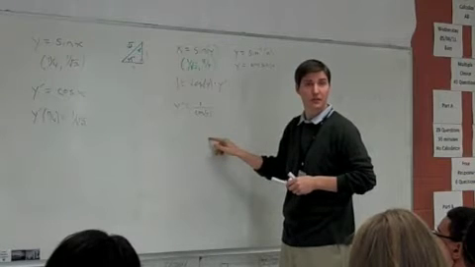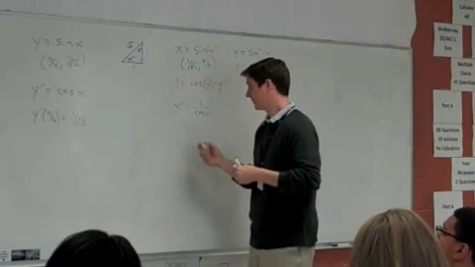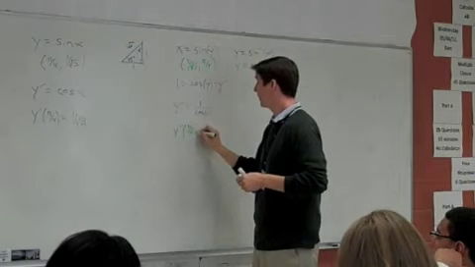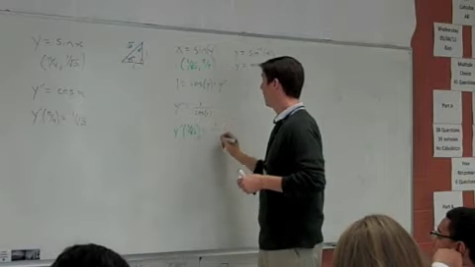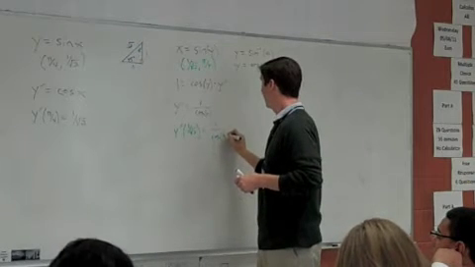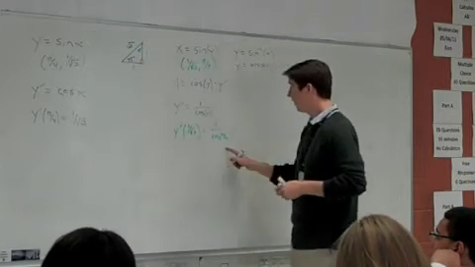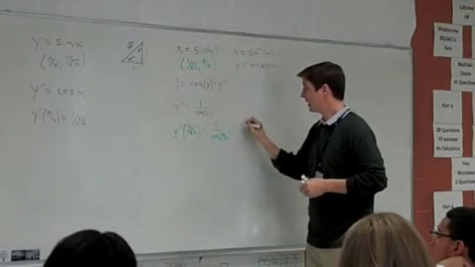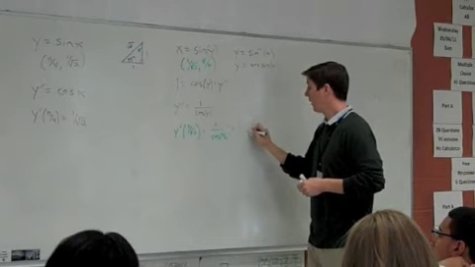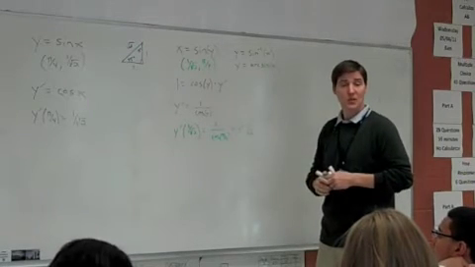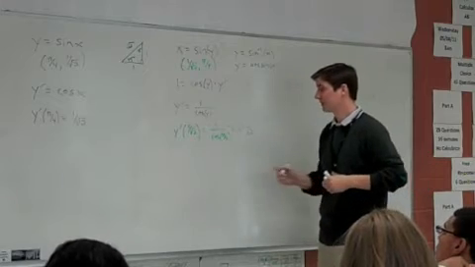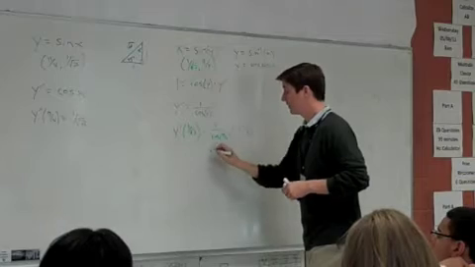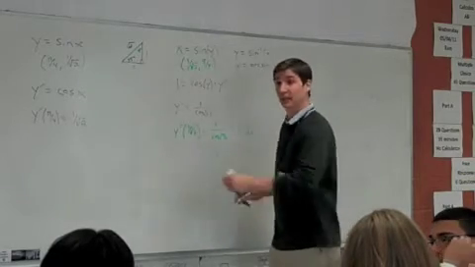So if I plug it in, y prime at the x value of 1 over radical 2 for this inverse function is equal to 1 over cos of pi over 4. What's cos of pi over 4? So this becomes 1 divided by 1 over radical 2, which is the same as 1 times radical 2. Bam.